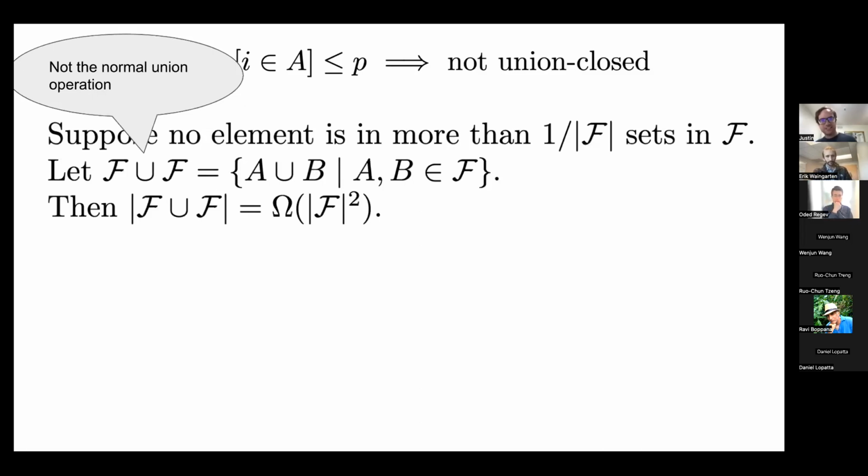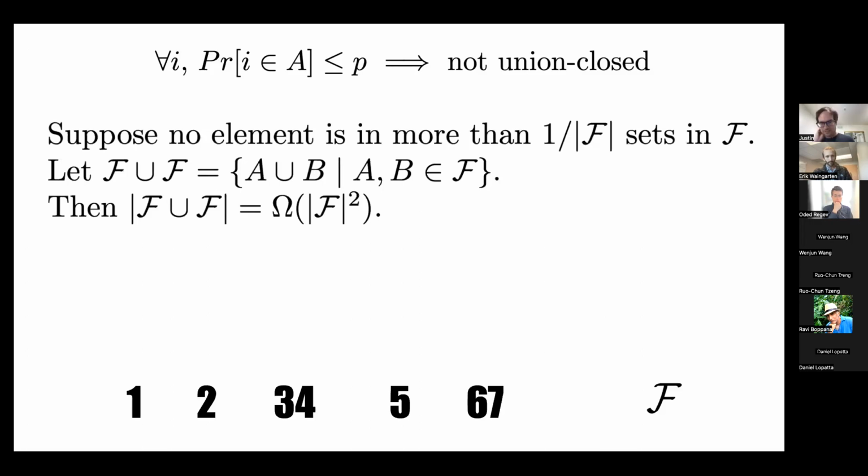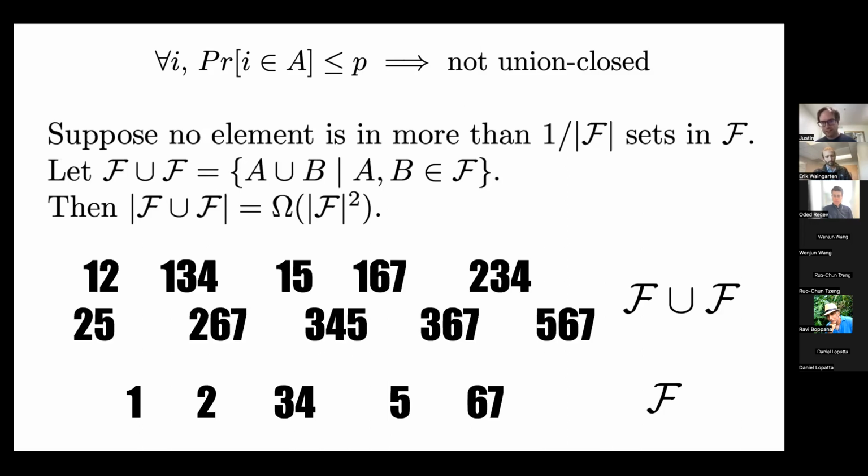So the observation is that the number of unions you get when you take all pairwise unions grows quadratically in the size of the family. Here's an example down here. This is a family with max abundance at most 1/size of F, meaning it's just a bunch of pairwise disjoint sets. And if we take F union F, or basically all pairwise unions, we get all the sets up here.